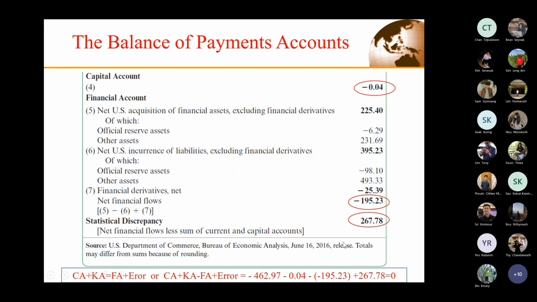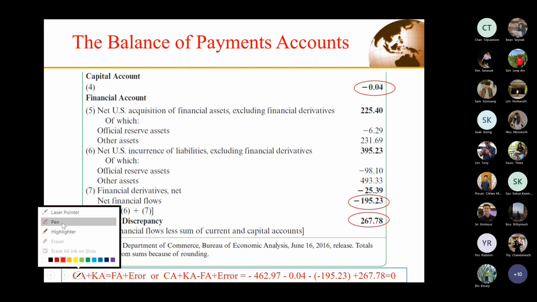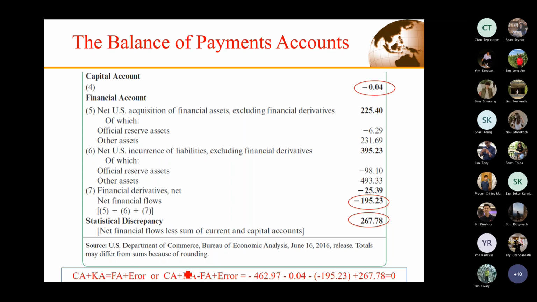And last time we concluded that because the approach used to record information in the balance of payments is double entry bookkeeping, the credit and the debit, if we add the balance in each account, we will see that it equals 0.